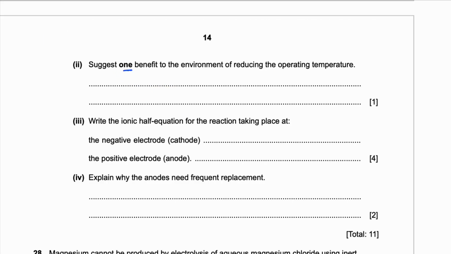Suggest one benefit to the environment of reducing the operating temperature. Less energy is needed. That's why less fossil fuel is needed and eventually less carbon dioxide emissions.